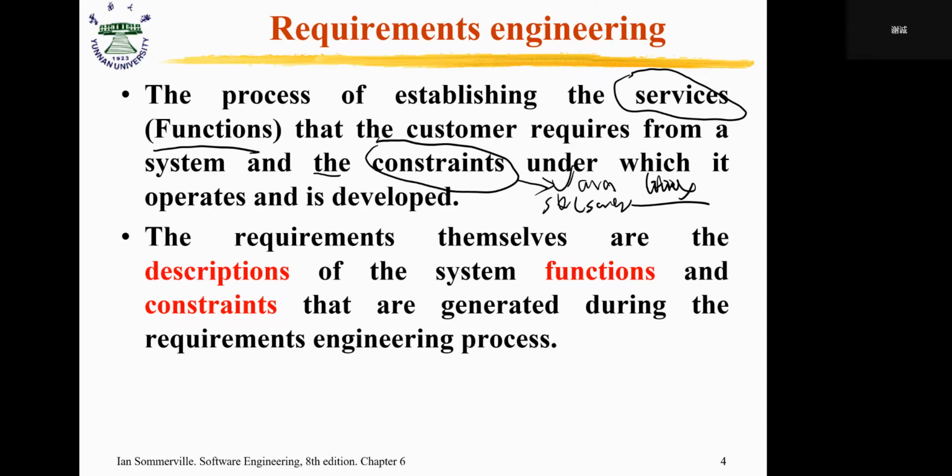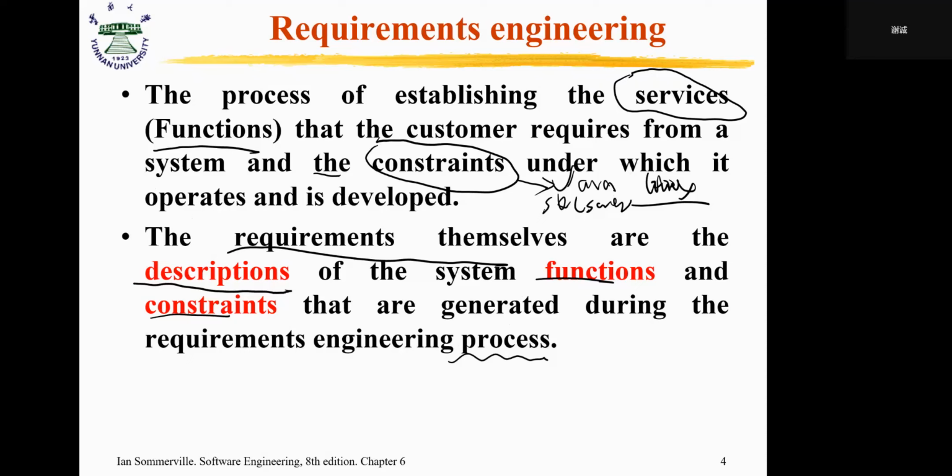And the requirements themselves are the description of the system. You should know, requirement itself is actually only the description, like a documentation of the system functions and the constraints that are generated during this requirement process.